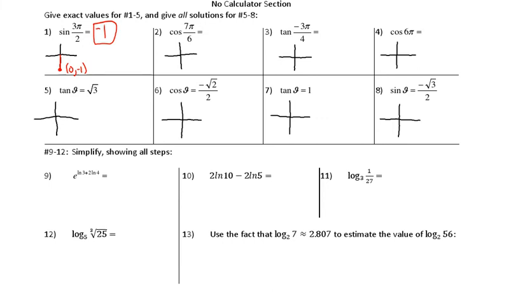So first of all, when I see a multiple of pi over 6 and cosine, I'm already thinking root 3 over 2. I just need to know if it's positive or negative. Here's 0. I'm going this way. Halfway around is 1 pi, 6 pi over 6. So 7 pi over 6 is down here. All right. And I'm on the left side of the axis, so cosine is negative. All right. I'm in the quadrant where only tangent is positive.